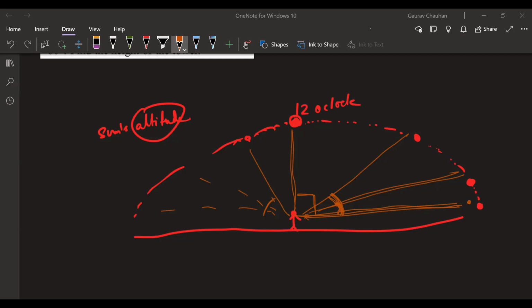Now obviously the sun is really far, so it does not matter whether you take a person here, or a building, or a point on the ground. That will be immaterial, only because all of them will have the same angle of elevation for the sun, because they are very small compared to the distance involved.